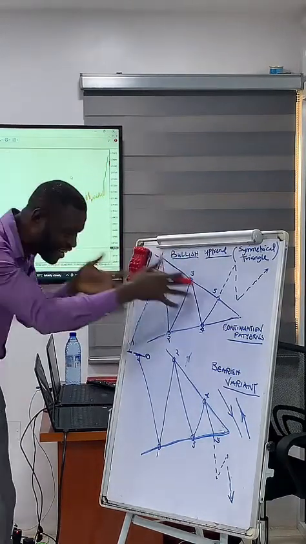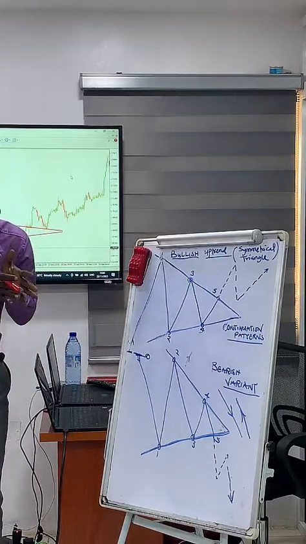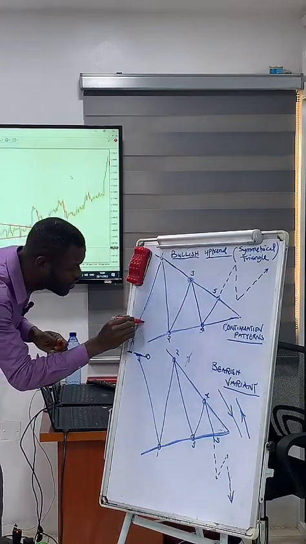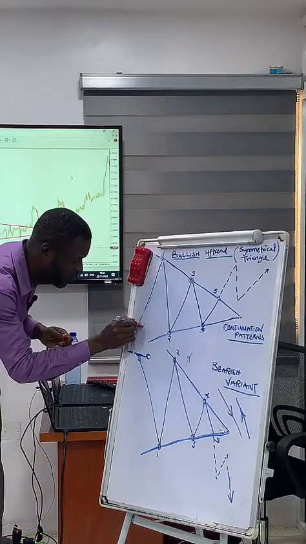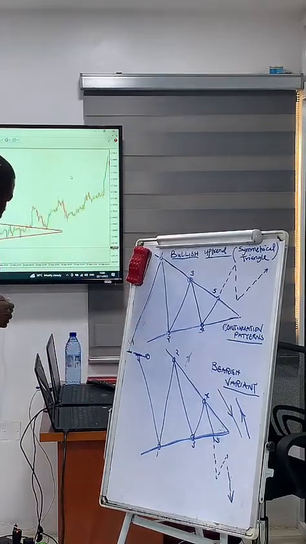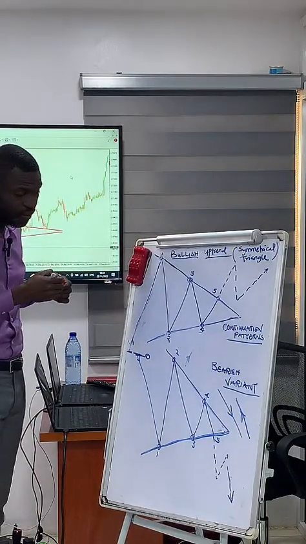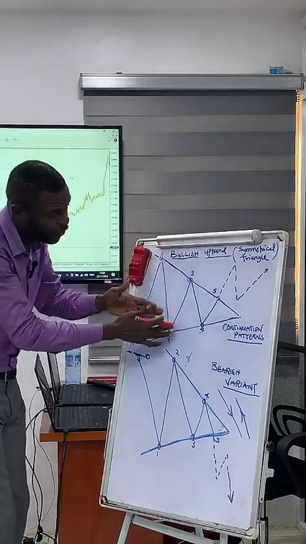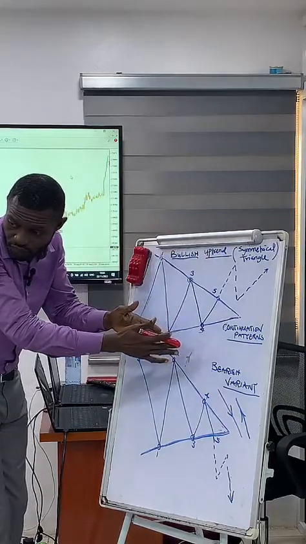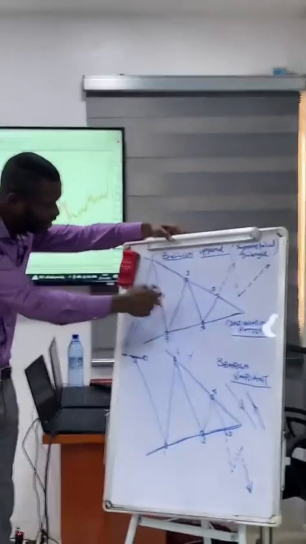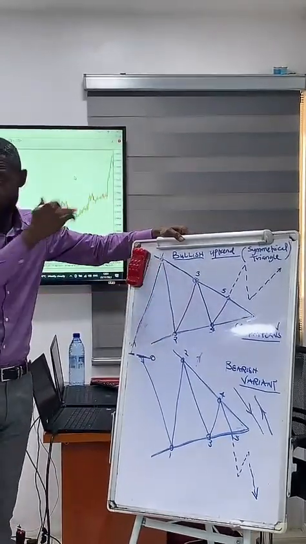And this kind of pattern is called what? A continuation pattern. Because the market is actually going this direction. But now, it gave us a symmetrical triangle and then continues its upward direction. So this pattern is what? A continuation pattern.